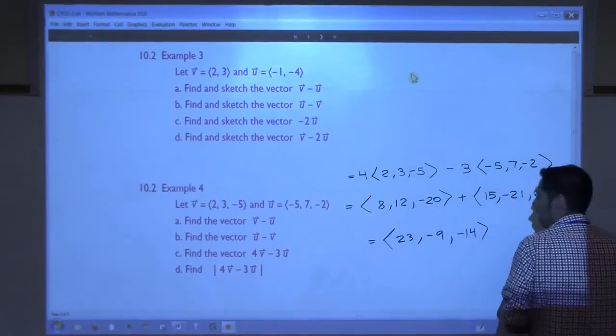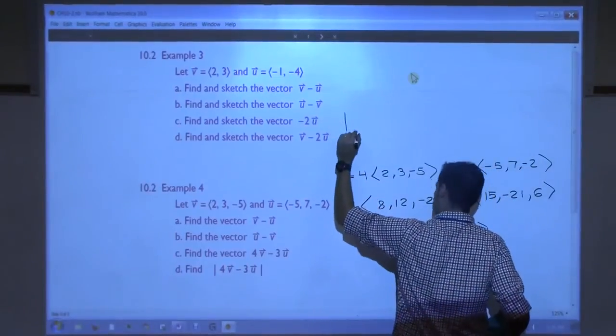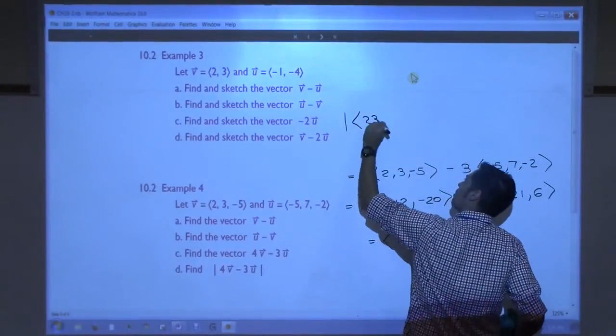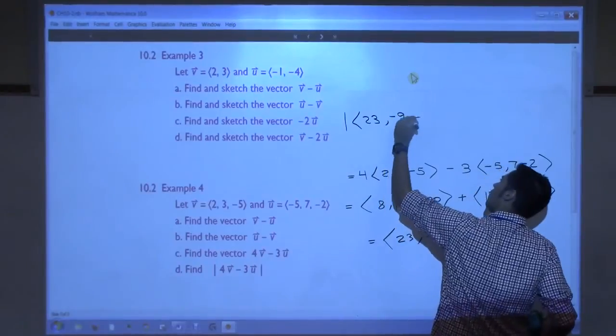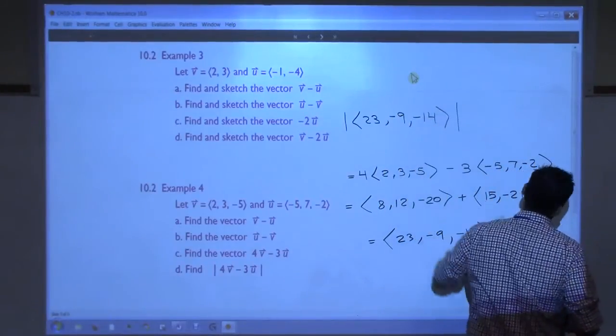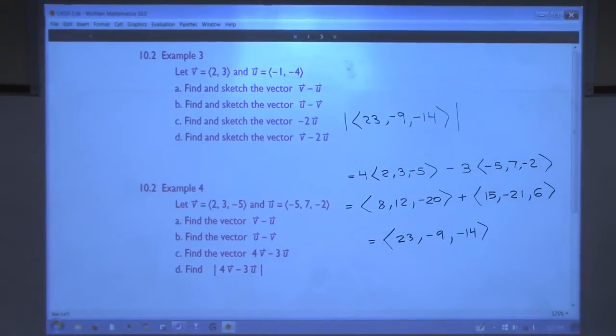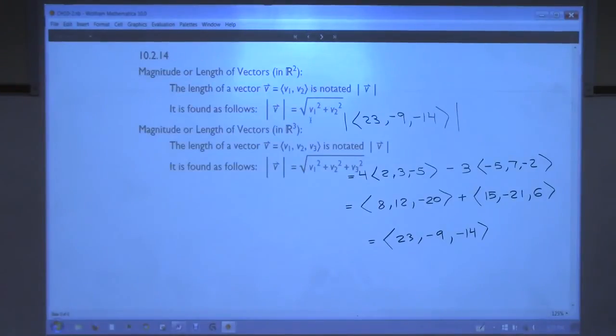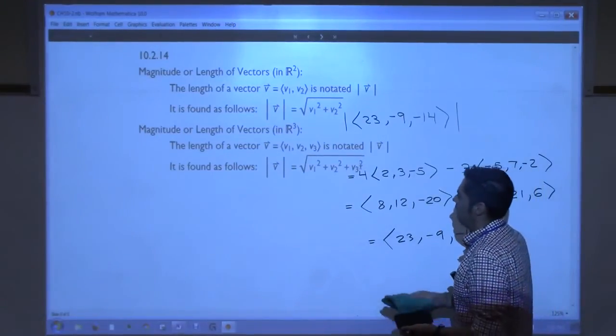So how do we find the magnitude of a three-dimensional vector? I'm just using the formula from the previous note, this one right here. The magnitude of a vector v in three-dimensional space is, how could we say this in math language?